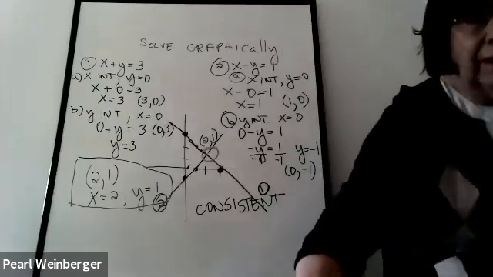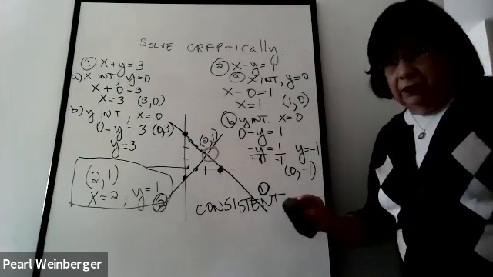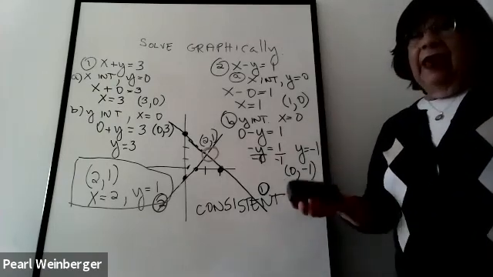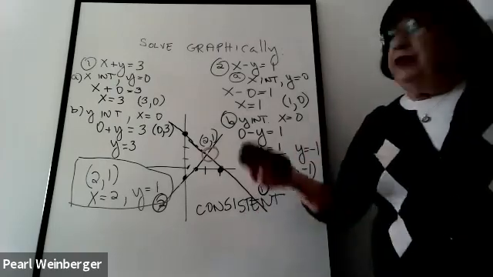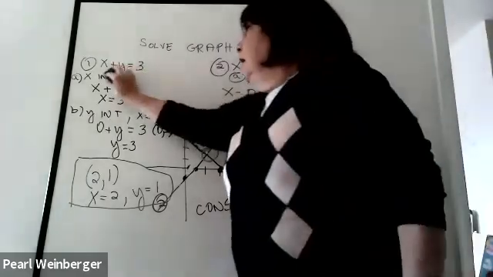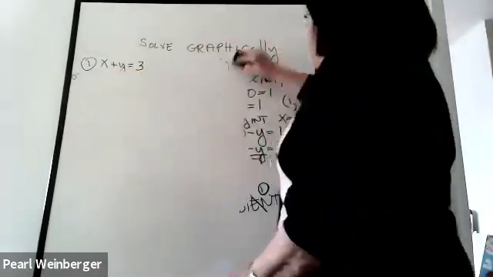So let's start with the exact same system of equations. I'm going to erase all the work that I did, and I'm going to show you a method that doesn't involve any graphing. It's given two different names.